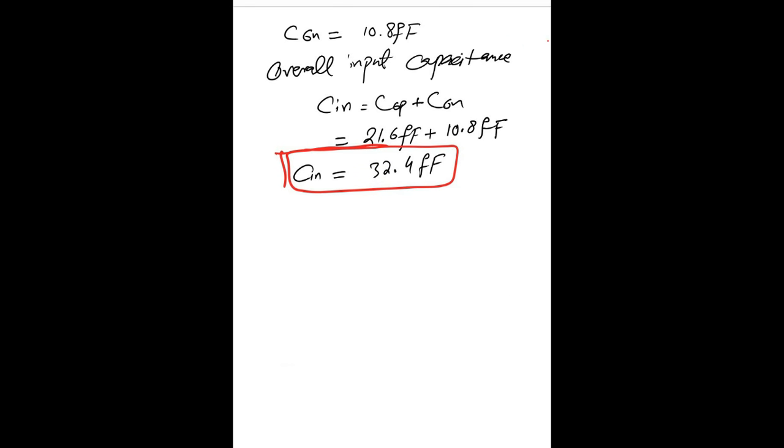The C of MOSFET can be calculated by the formula which we have studied in this session earlier. This is equal to CDN plus CDP.